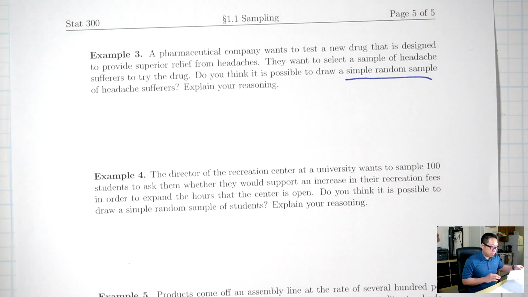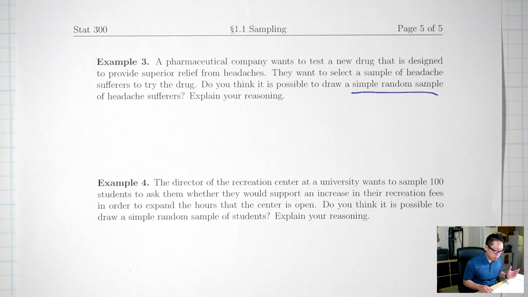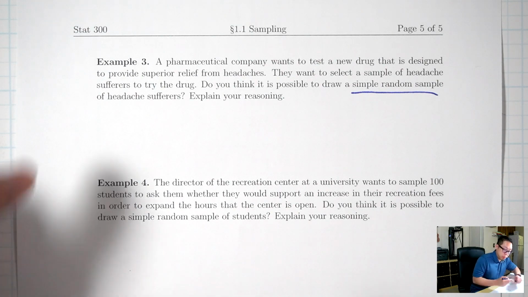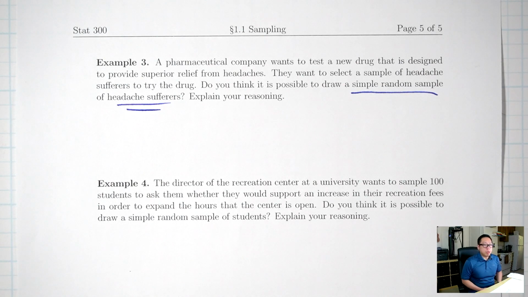Now, that's really the question here. The population I care about here are the headache sufferers. Now, is it possible for you to get a list of every headache sufferer? That's kind of hard, right? There's not a list out there of everybody who is a headache sufferer.